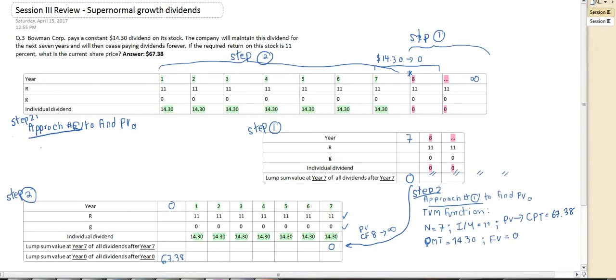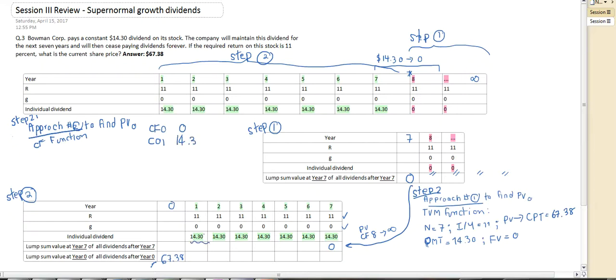With approach number 2, you can use the CF function to find the amount. CF0 will be 0, since nothing happened at time 0. And then C01 will be 14.3.